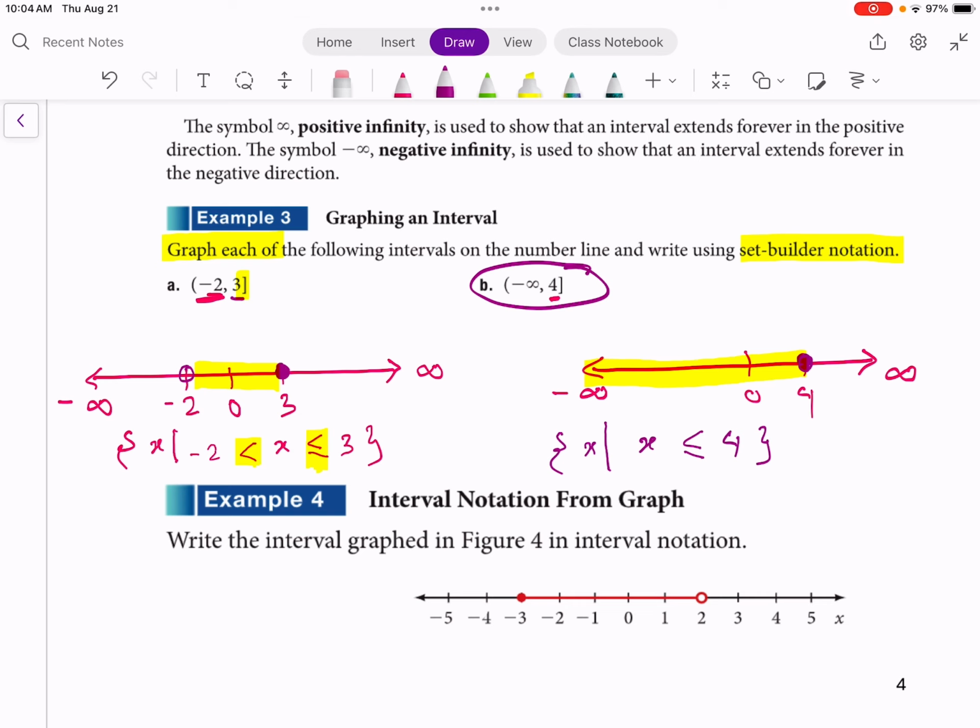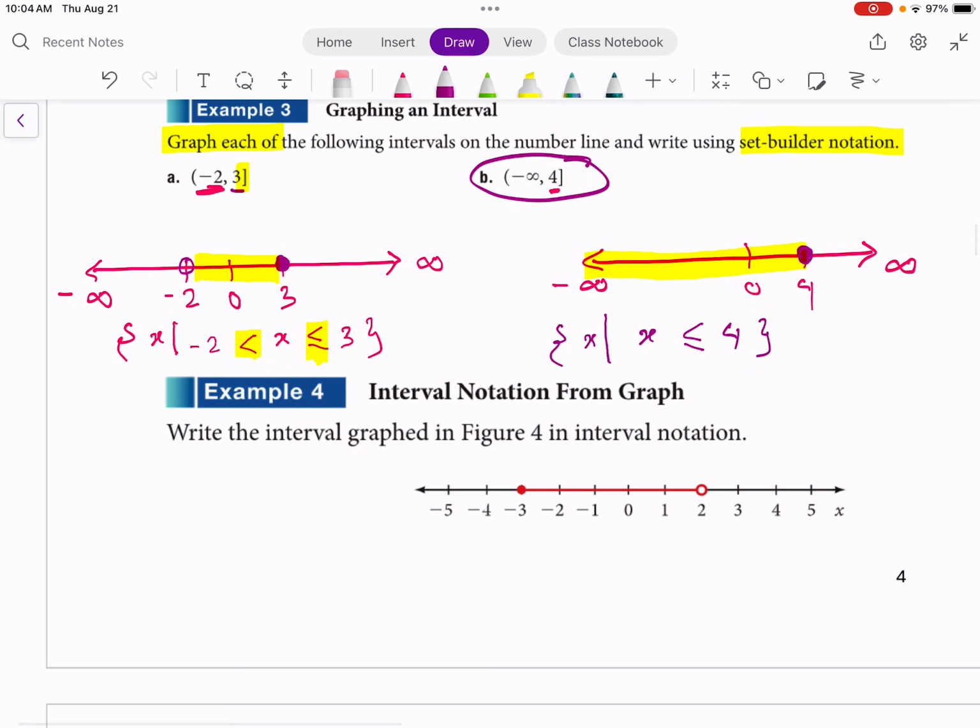With positive 4, we have a bracket, meaning we are including positive 4, so we have a closed circle at 4. But infinity and negative infinity are not numbers. They are just symbols to represent a very big number or a very small number.